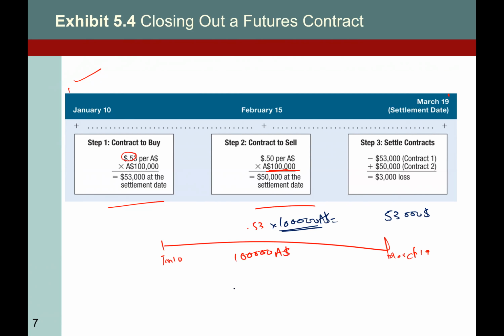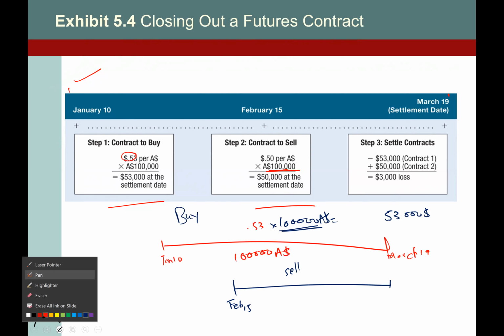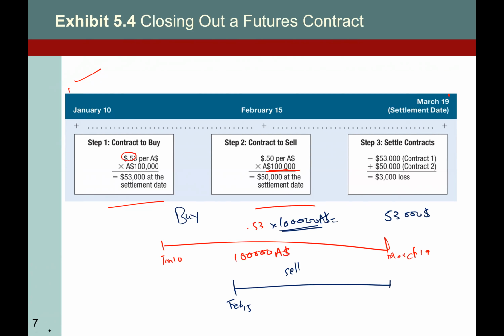But you also have a second contract starting from February 15, and that is a sell contract. So you will sell this contract. Let me change the ink. Sell this contract here on March 19 at 0.50.